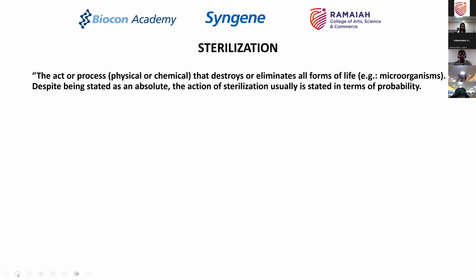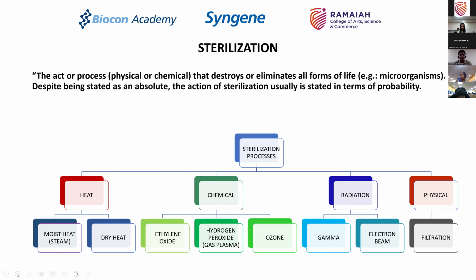It is not an absolute reduction, but it is a reduction which is happening in a log reduction. So we were at an X value and we came down from X value to a Y value. And the minimum, as we saw in the previous slide, has to be a 6 log reduction. So a 6 logarithmic scale, a 10 to the power of 6 reduction, is the minimum requirement for any sterilization.